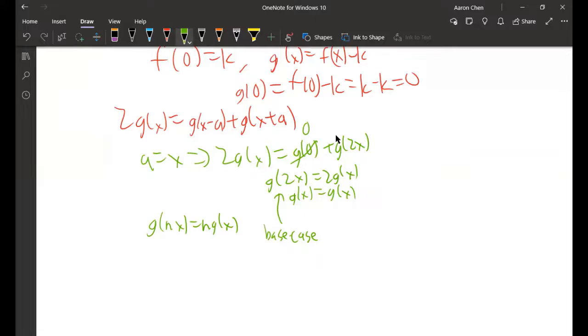So then the next case is to assume that g of cx is equal to c g of x for c between 1 and n. Then what we want to show is that g of n plus 1 times x is equal to n plus 1 times g of x.